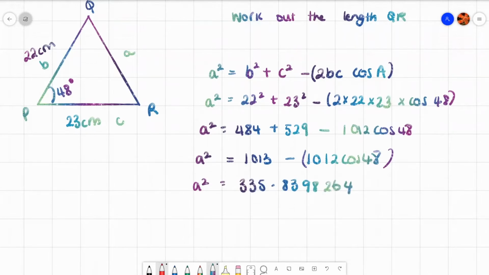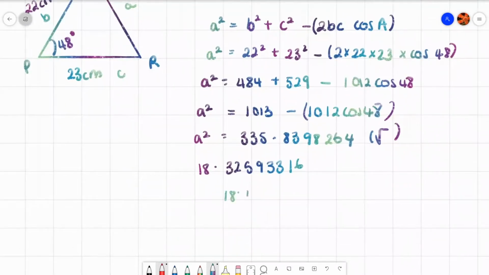That is A squared. I want what A is, so I'm going to have to square root. And I get 18.32593316. And I end up with 18.4 centimeters. And I'm going to write 1 dp, so the examiner knows that I've rounded to 1 decimal place. Okay.